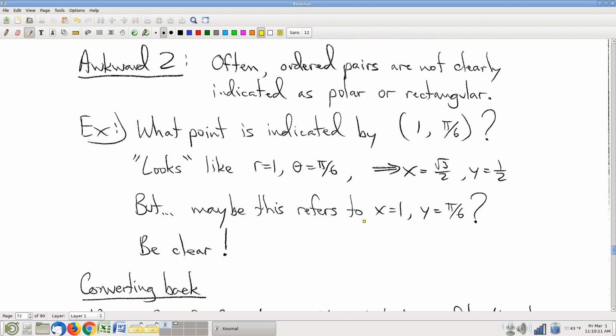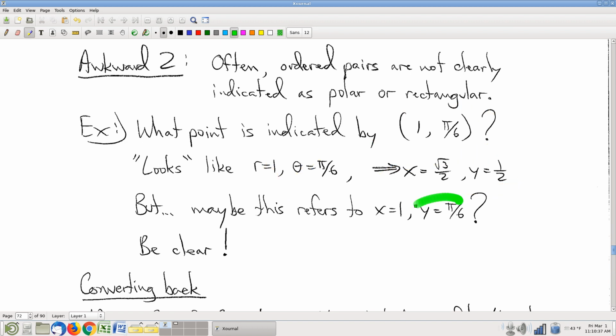Okay. Beware of ambiguities. You look at something like this, and there's a strong temptation to say, pi over 6. We do pi over 6 all the time with angles. That must be an angle. This must be an r comma theta, because that pi over 6 gotta be an angle. And then you think, okay, it's gotta be an angle, and therefore there's the rectangular coordinates. But here's the thing.